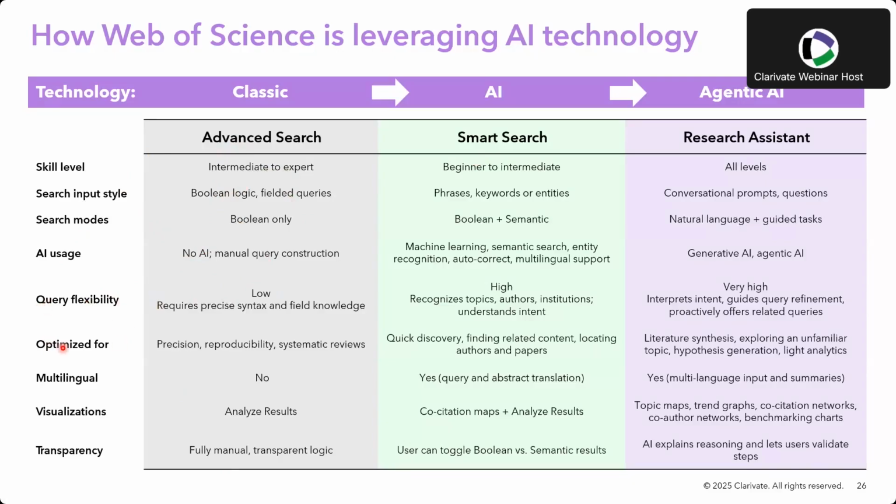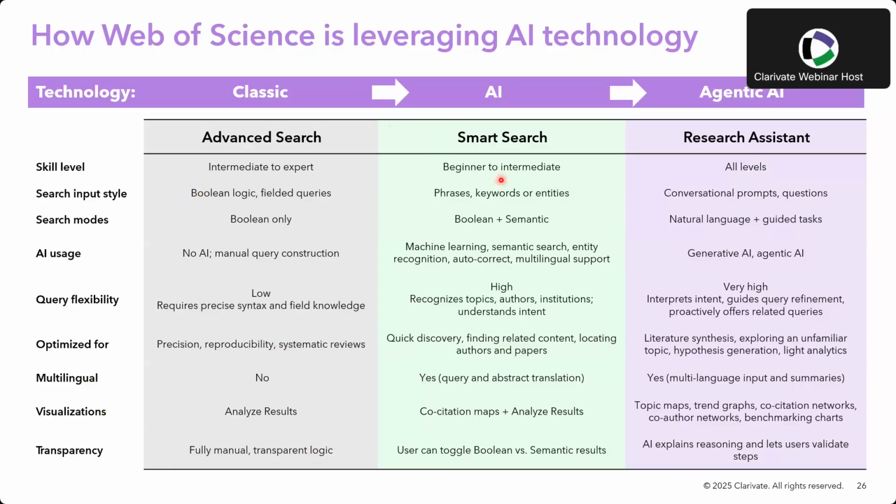Not very flexible in terms of building your query, but it is optimal if you want precision, reproducibility, and systematic reviews. It's not multilingual. That's where I recommend using English, that you can search title, abstract, and so on. Visualization is limited to analyze results. Transparency is fully manual. Transparent logic, you can always go back to the search query.